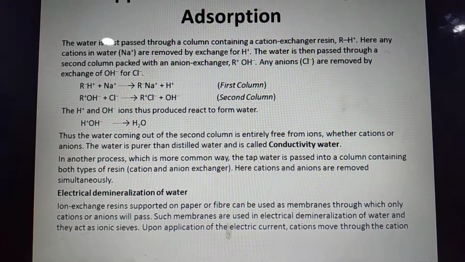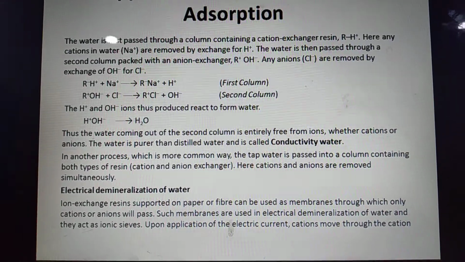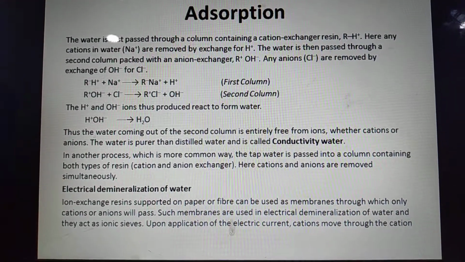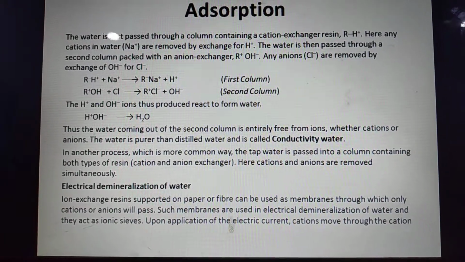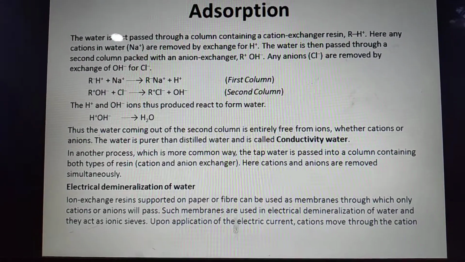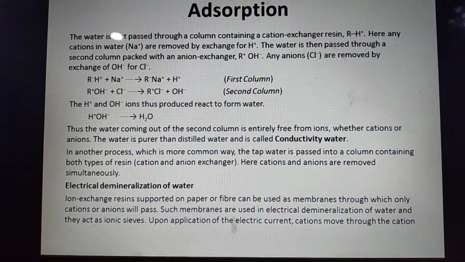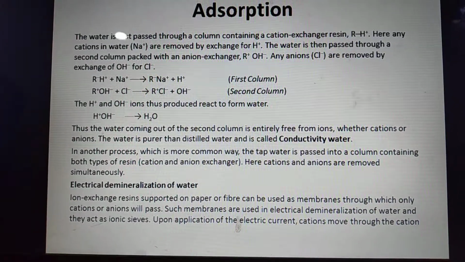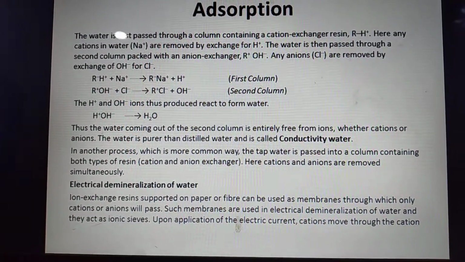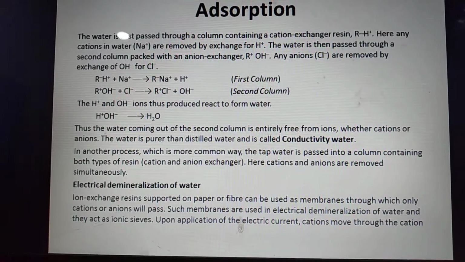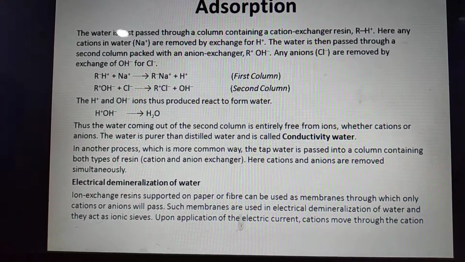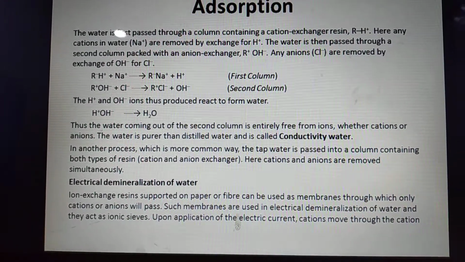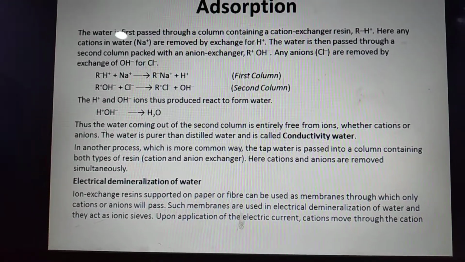Here any cations in the water, such as sodium ions, are removed by exchange with the hydrogen ions. The water is then passed through a second column with anion exchange resin, that is, hydroxyl. First is the cation exchange column and then the anion exchange column. So any anions, such as chlorides, are removed by exchange with the hydroxyl.